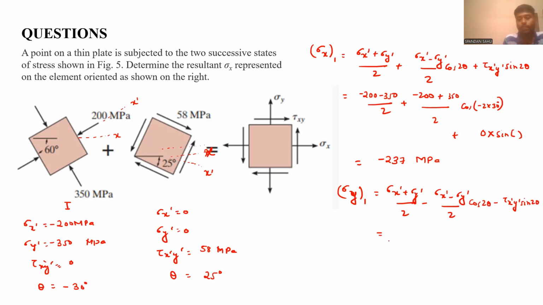So if we substitute, (minus 200 minus 350) by 2 minus of (minus 200 plus 350) by 2 cos of minus 60 minus, and this will be 0 into sine of minus 2 into 30 degree. Let this be something. So we are getting (minus 200 minus 350) by 2 minus of minus 2.